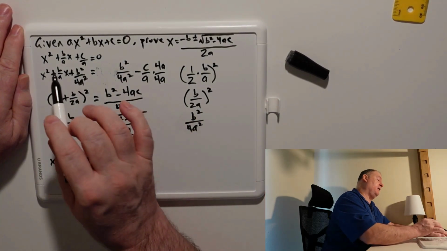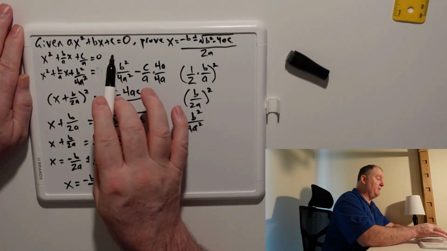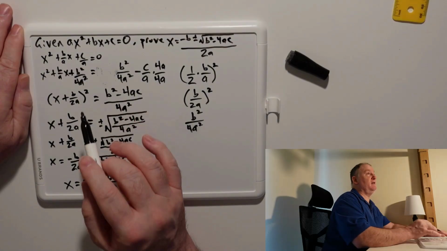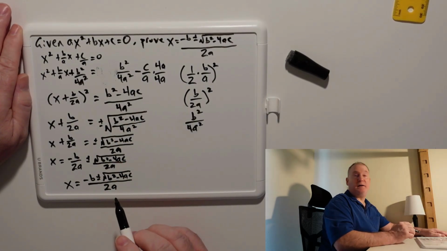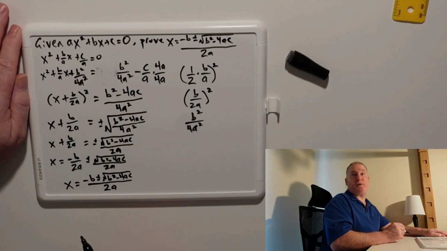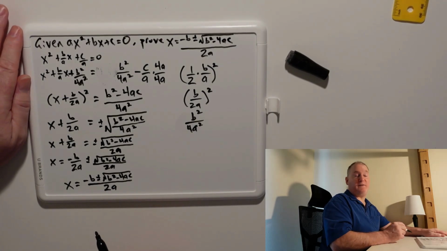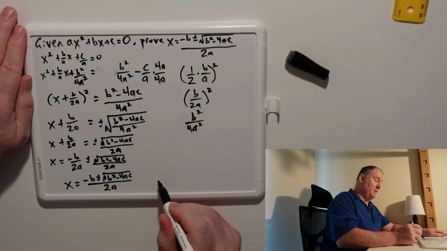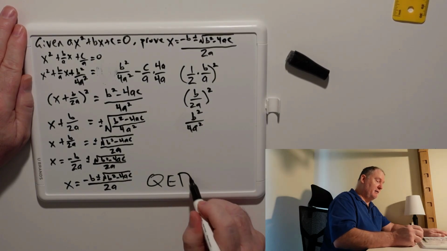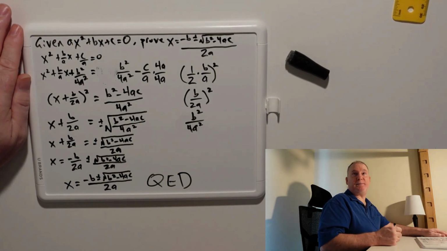So we get the quadratic formula on the general quadratic equation by completing the square. By completing the square. And so you can see that I have proven that the quadratic formula is what we said it is. So when we complete a proof in math, we write QED.